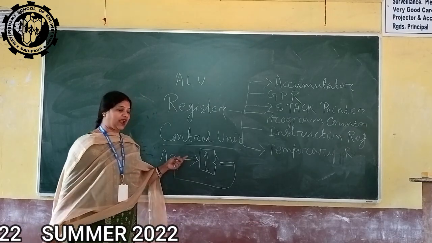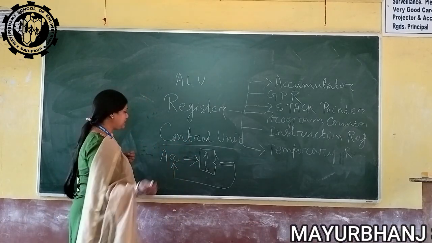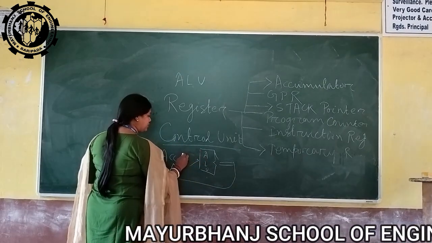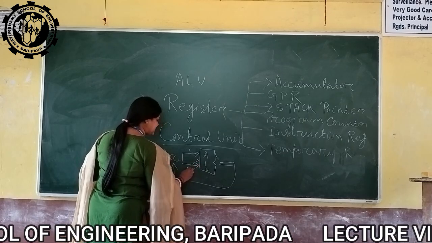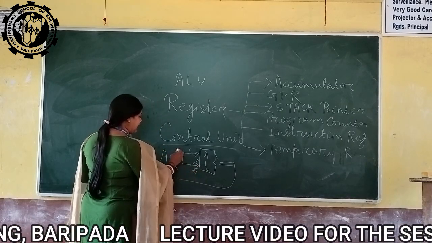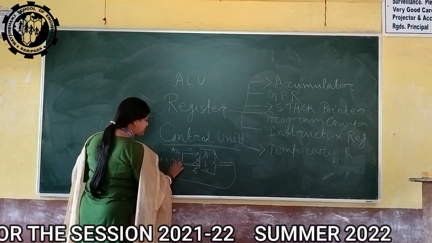Whenever we are doing some addition or subtraction operation, like if we are looking at two data, 5 and another one, 6. The first one is in the accumulator and the second one is in the temporary register.